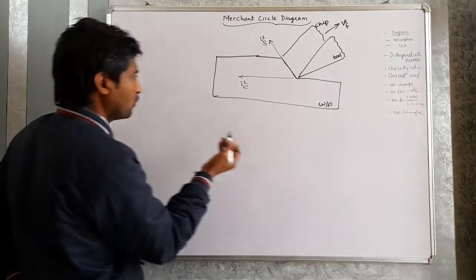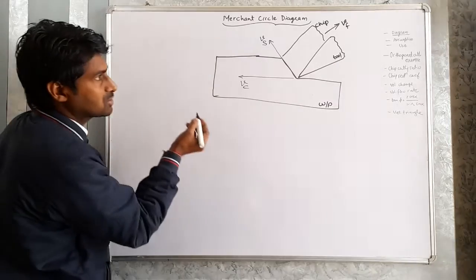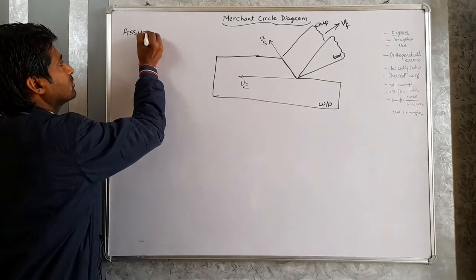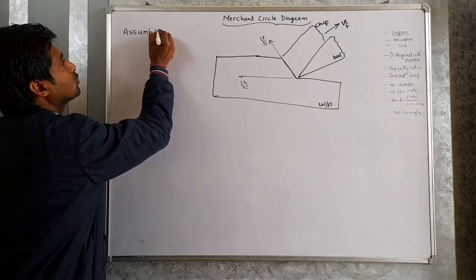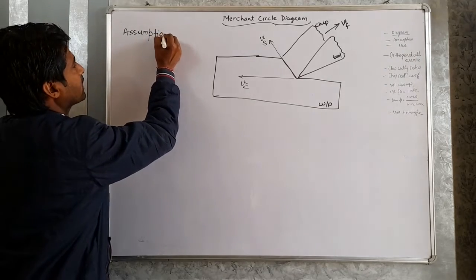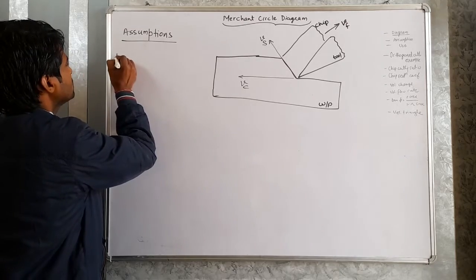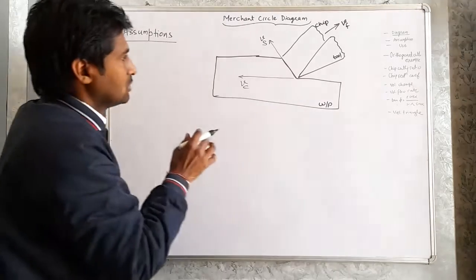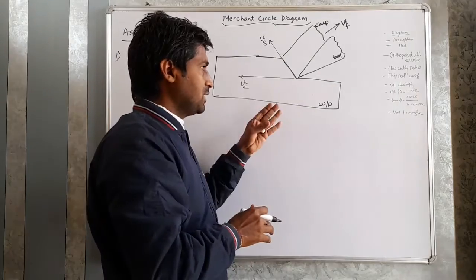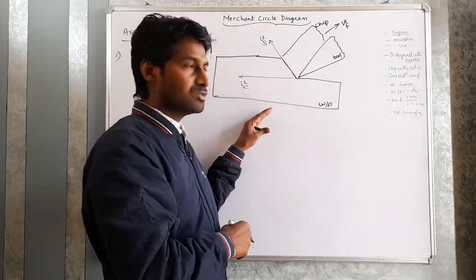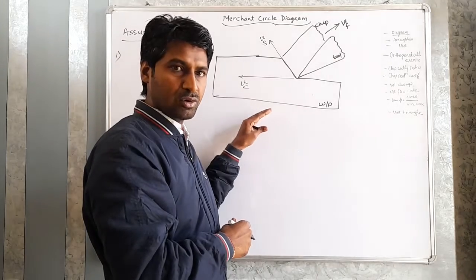So first of all we will consider some of the assumptions that are considered to draw the Merchant circle diagram. First is that the cutting considered for this machining operation was orthogonal cutting.